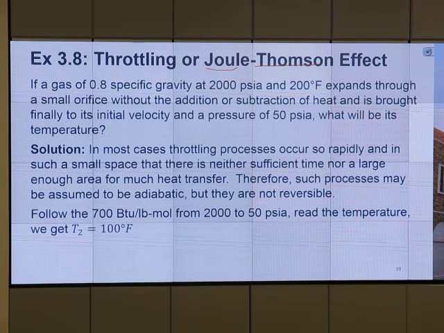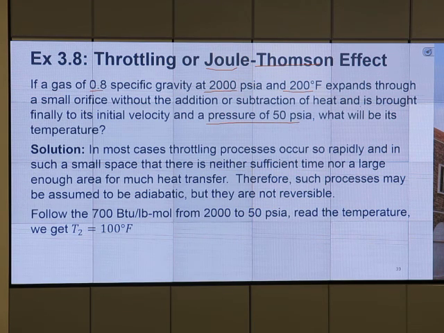Okay? For gas 0.8 at 2000 psia and 200 F expand through a small orifice without addition or subtraction of heat and is brought finally to its initial velocity and the pressure of 50 psia.